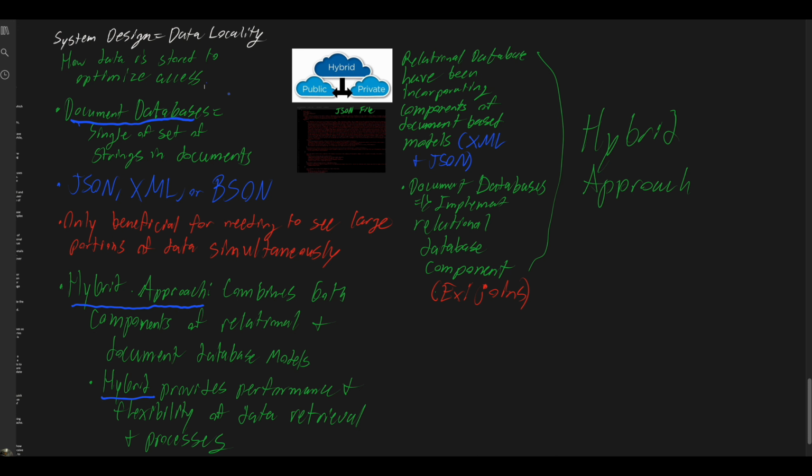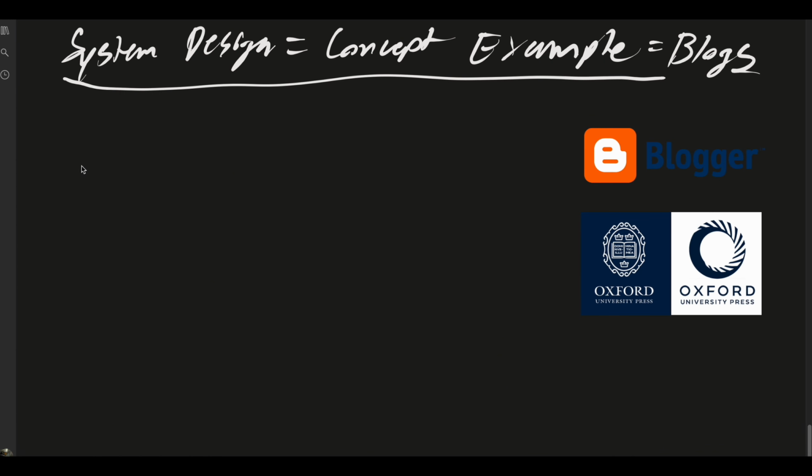And so, yes, this is our concept of data locality. Let's move over to a concept example. So to be able to go over our concept example of data locality, let's look at an example of a blogging platform.